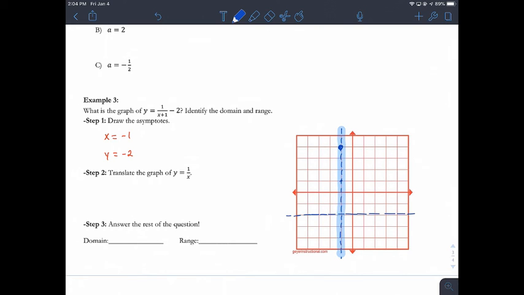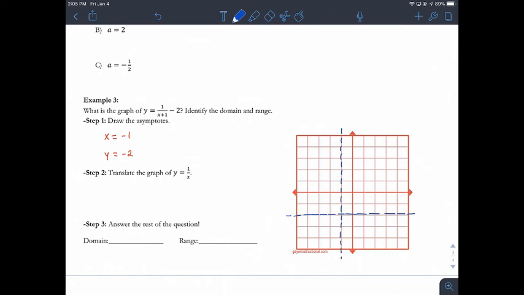If I was to put a point here, that coordinate is -1, +1. If I was to put a point here, -1, -4. Notice that anywhere along that line, our x value is exactly -1, which is why we call that x equals -1. The same is true for our horizontal asymptote being y equals -2.